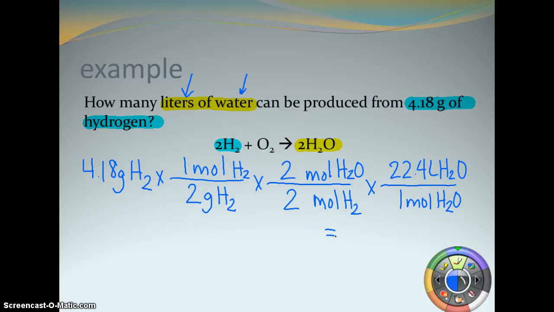If it's in the denominator, you divide. So 4.18 divided by 2 times 2 over 2, that's just 1, so we can skip that, times 22.4 gives us, how many sig figs can you have? 1, 2, 3. So we're going to report our answer as 46.8 liters of water.